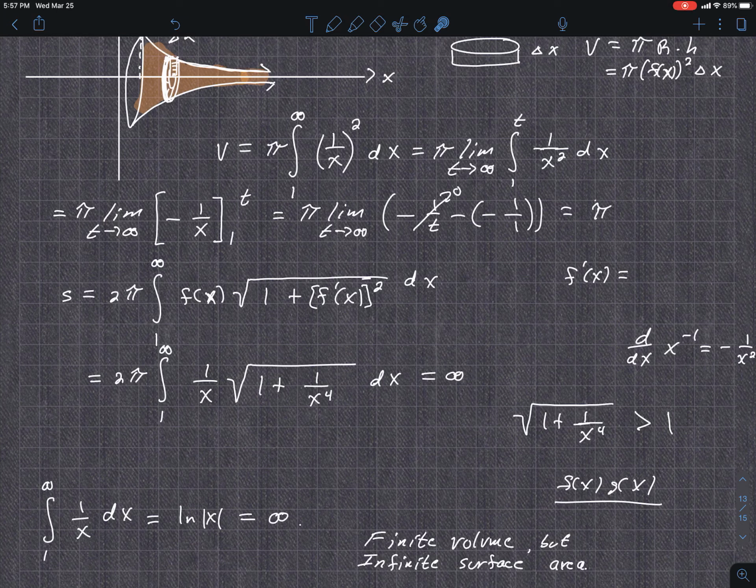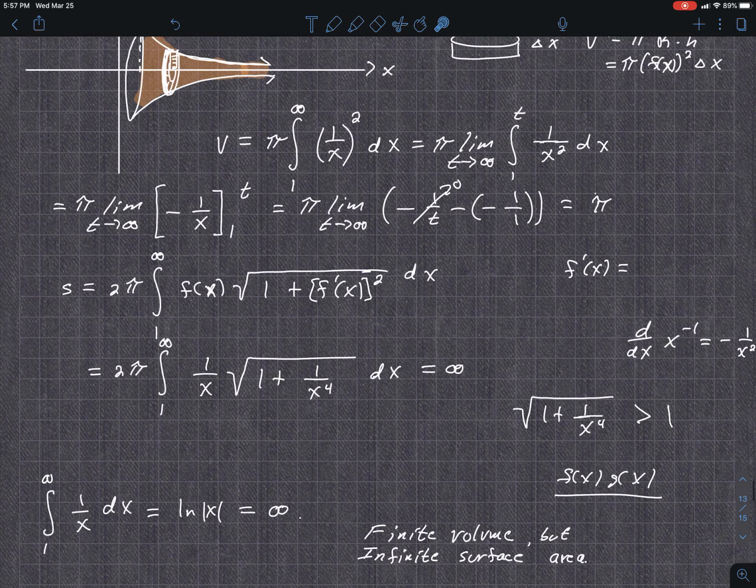The volume of that converges, but the surface area here, we showed that it diverges. So you have finite volume, but infinite surface area, which was kind of a cool and strange result.